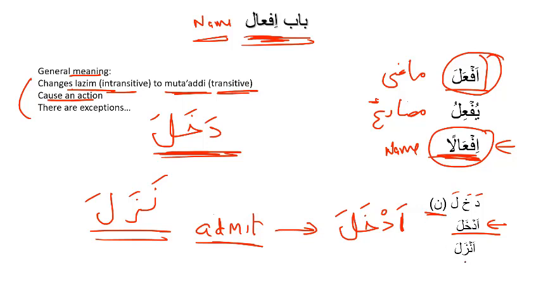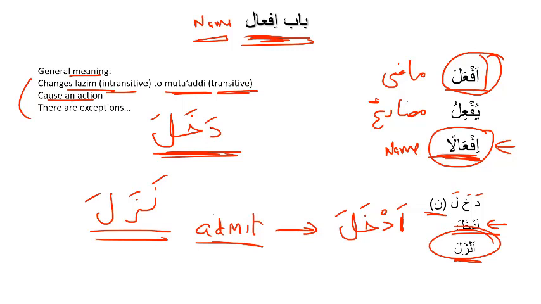So the word anzala again is babe if'al, and this means sent down. And when I say sent down, then an object is required, because if Allah says anzala al-Qur'ana, the Quran is the object. So anzala means sent down, and clearly that requires an object, because if I say sent down, you will ask what was sent down. So that is another example.